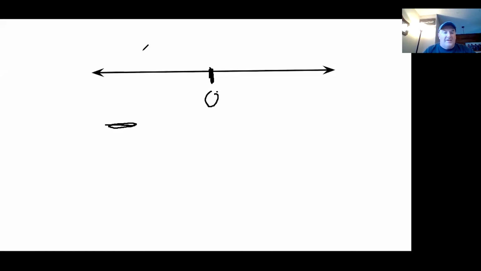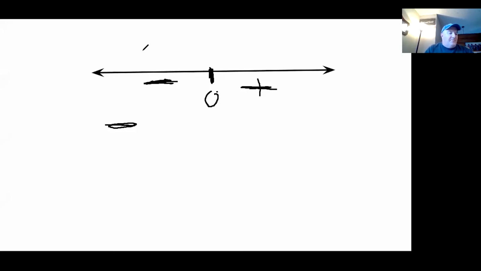So we got that? Good. Anything to the left of 0 is negative. Anything that's positive is to the right. And the negative numbers must have a negative sign in front of it.